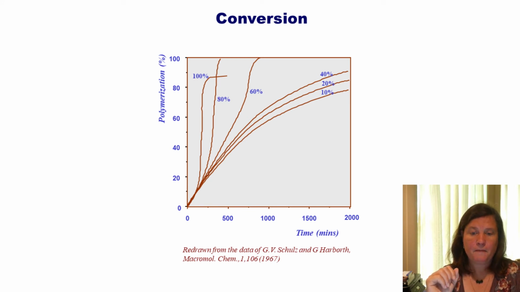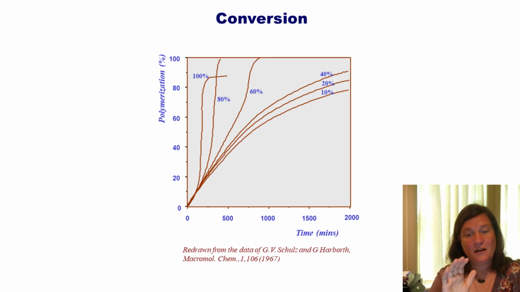Okay. So we can see at very high concentrations of monomer, we deviate very quickly from that conversion curve, the curve we expect. Any thoughts as to why? What were we just talking about?